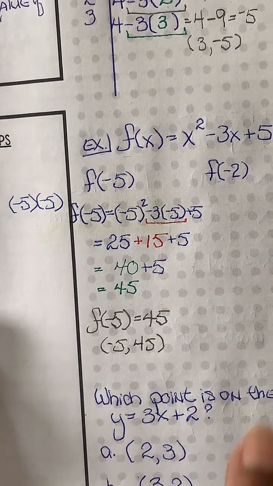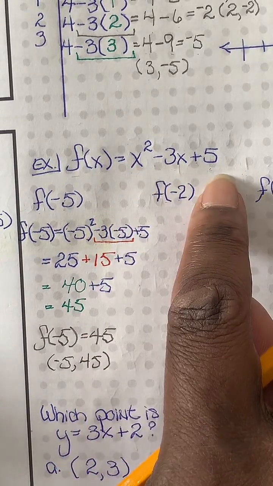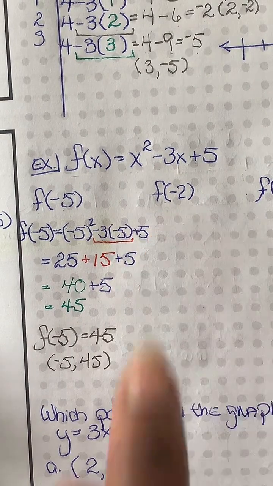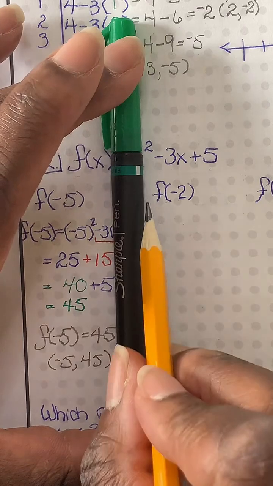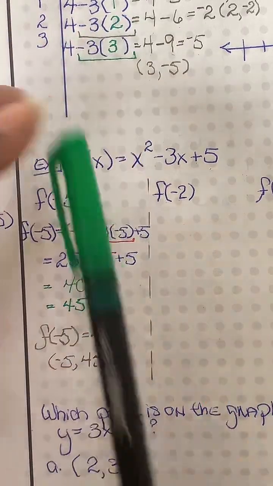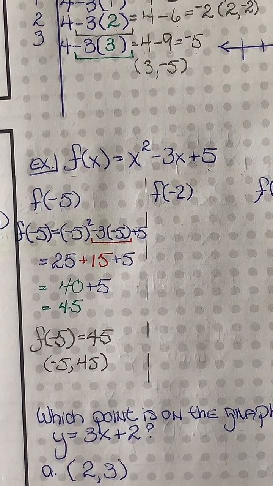So now I'm using this same function, but this time I'm going for f of -2. So let me see if I can do a little bit of separation so it won't be too much. Okay, so we have f of -2.